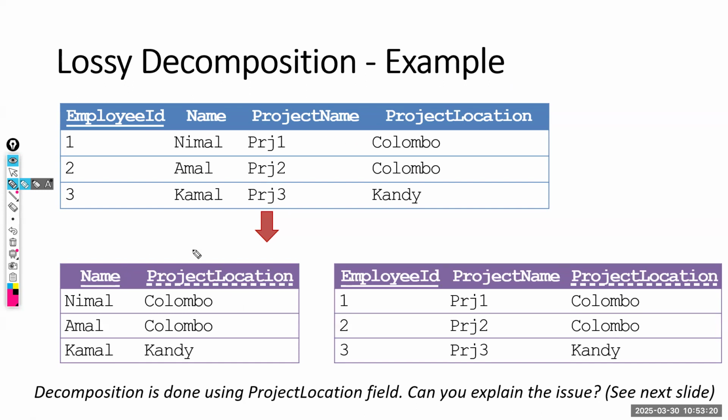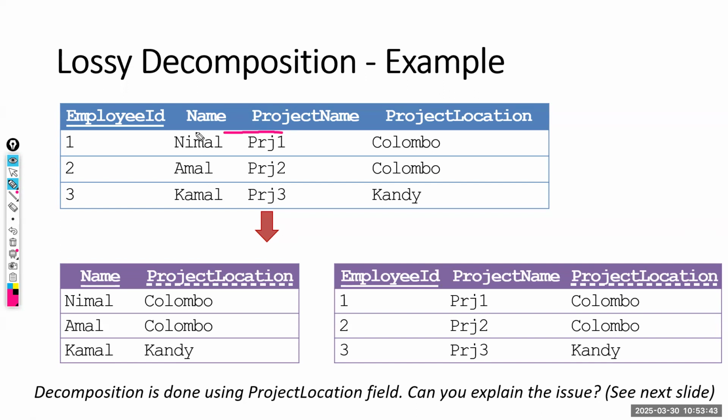Name and project location are in one table, and employee ID, project name, and project location in another table. By the look of it, you can see that this is not a very good way of doing it, but you must be able to explain why this is not a good decomposition.